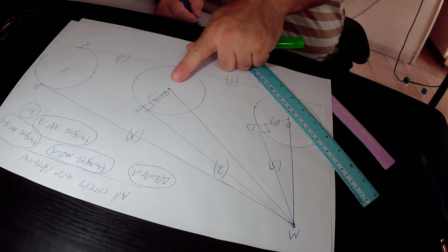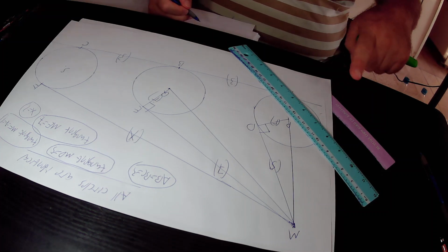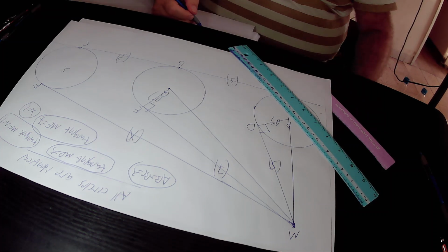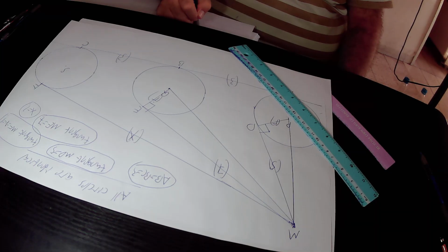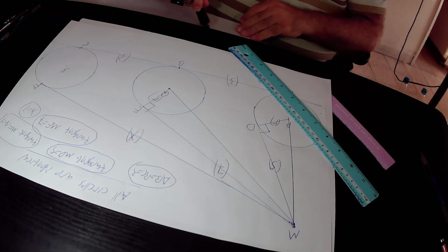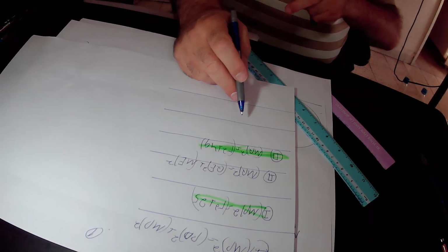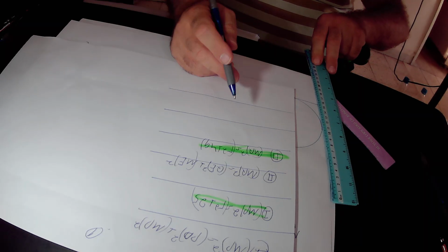QE is the radius of this circle, that is R, therefore QE squared is R squared, plus ME squared. ME is 7, therefore ME squared is 7 squared, which is 49. So in total, according to equation 1, we find that MQ squared equals R squared plus 49.